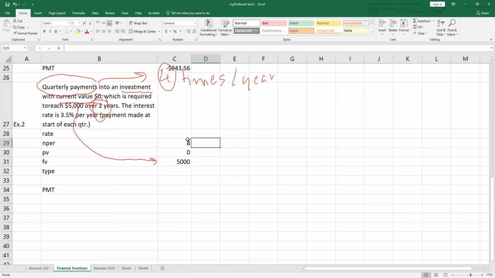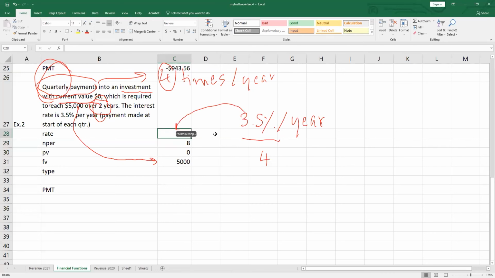The next one, the interest rate is 3.5% per year, but you pay quarterly. You have to change the rate to percent per quarter first. Because quarterly means that in each year you pay 4 times, you have to divide 3.5% by 4 to get the interest rate.